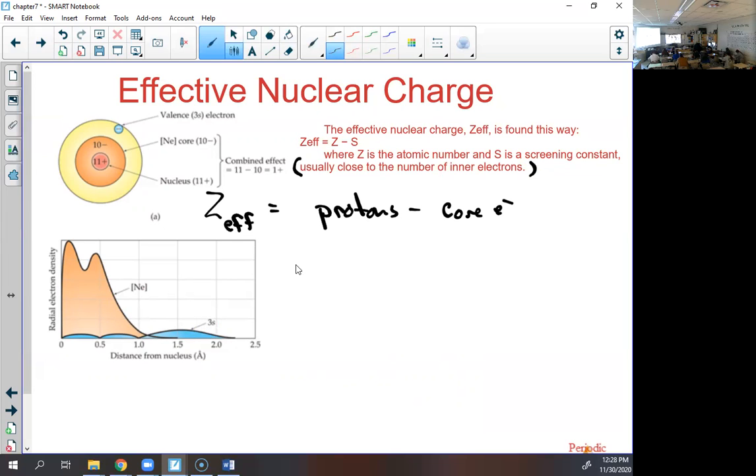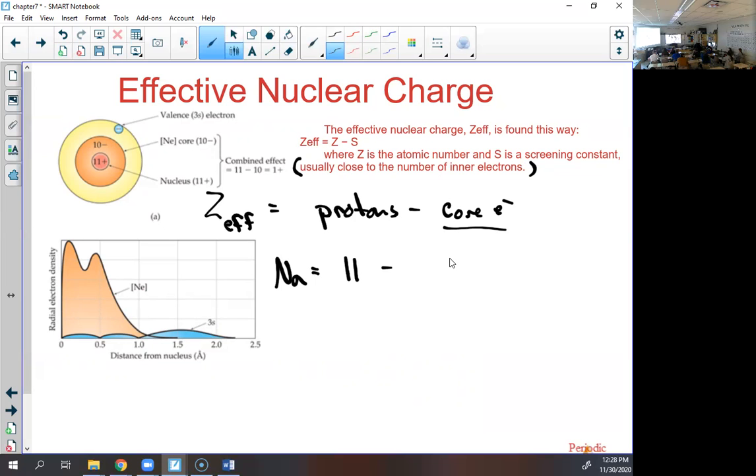All right, so if I look at sodium, it's Na. It is element number 11. That's the number of protons. So to know the number of core electrons, I look at the previous noble gas on the periodic table. So I look left and there's nothing there, so really I look far right.